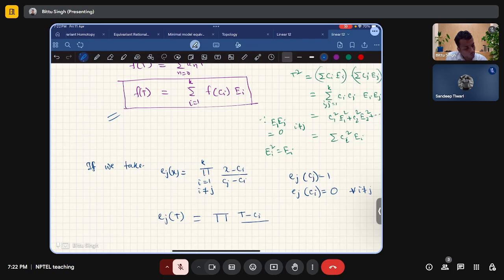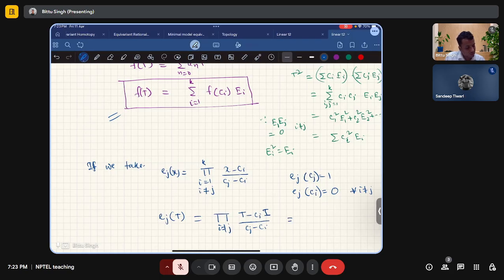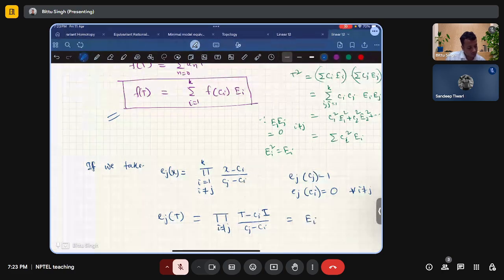We are not writing the identity, but whenever some scalar is written, just take multiplication with the identity. The product of x minus ci over cj minus ci, with nothing in the denominator other than that, where i is not equal to j. And now it is clear that this is actually the same as ej.